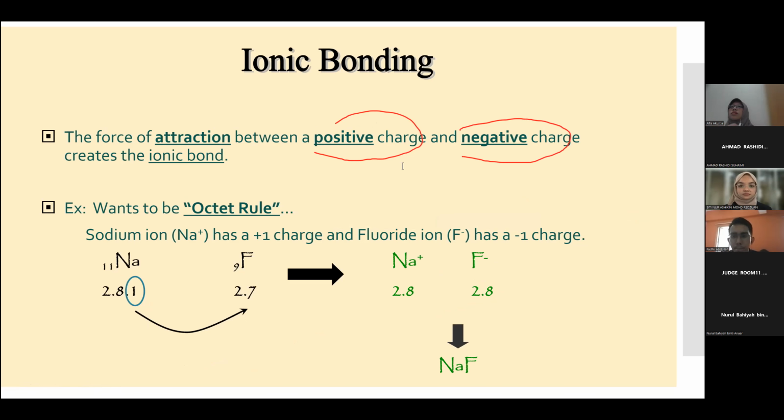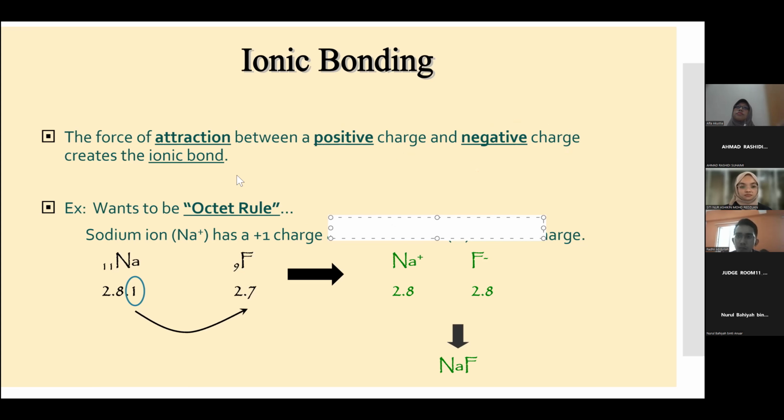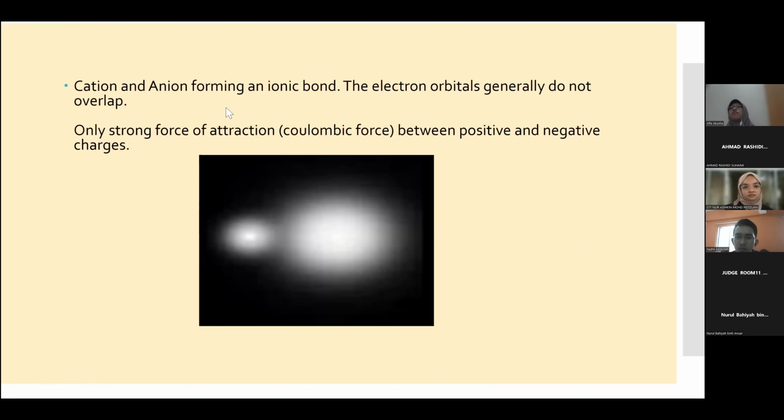Also, we can say there is an anion and there is a cation. When the atoms become anion and cation, it becomes an ionic bond. Thus, cations and anions form an ionic bond.